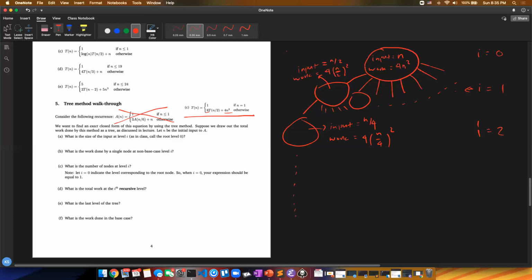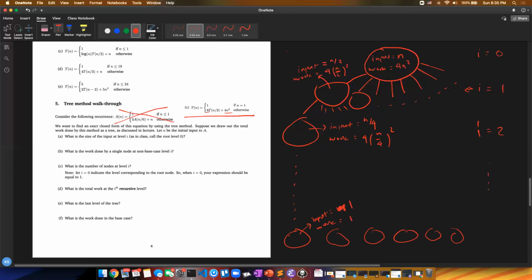And it goes down to some base case, where our input is 1 and our work at that base case is 1.